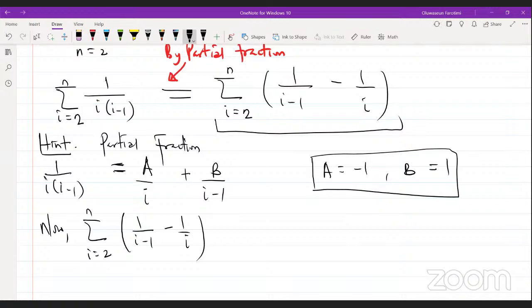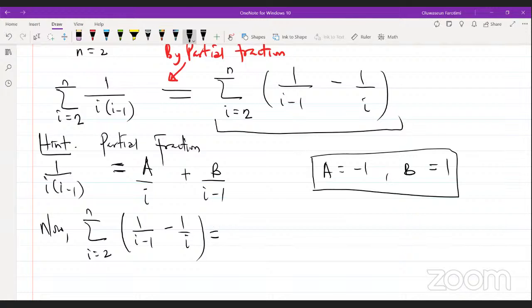Now, what we're going to use here is what is often referred to as a telescoping sum, because this is a kind of series where, term by term, some terms are going to cancel themselves. Some of you would have heard that before, some of you might be hearing it for the first time. Those are the kind of series where some terms just kick out themselves. They cancel in pairs. So let's see how that works.